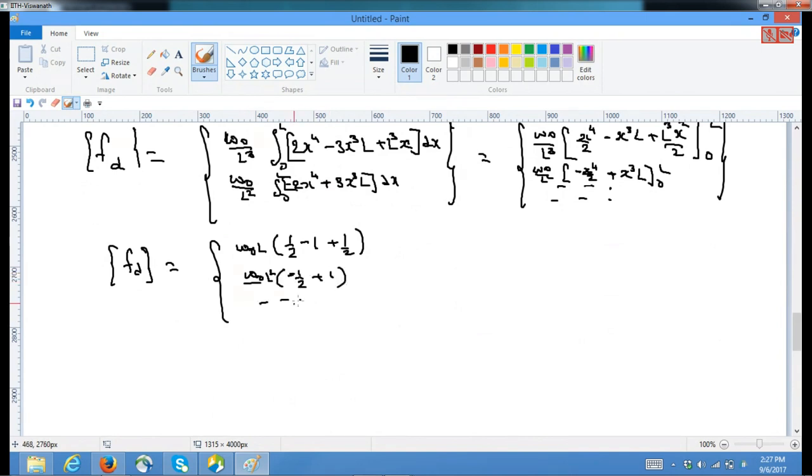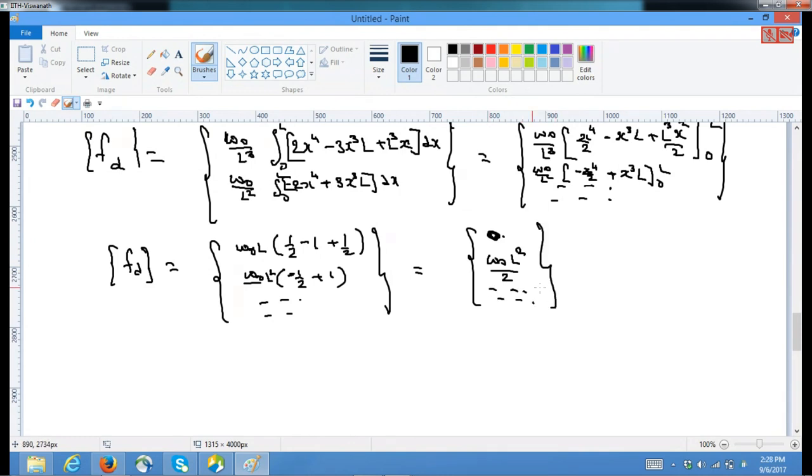Similarly, you can do for the other two. So this will give you W naught L square by 2.